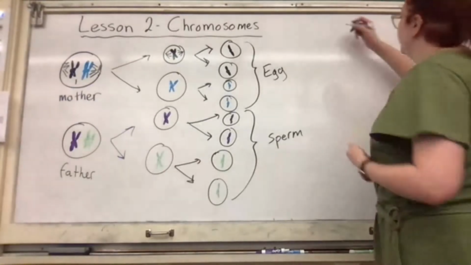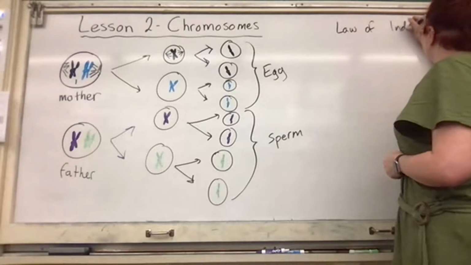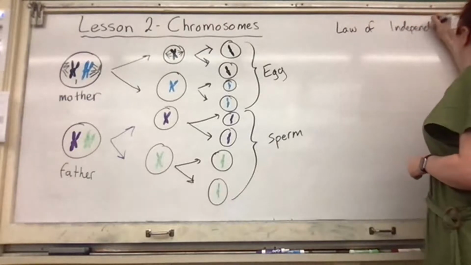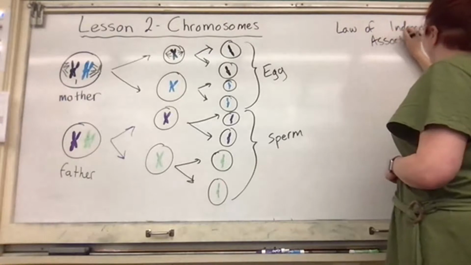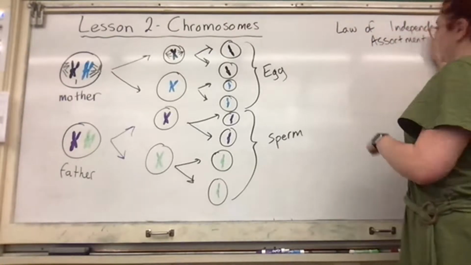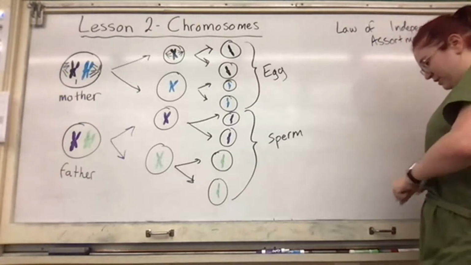I'm going to write that up here. Law of independent assortment. Remember, you don't just have one pair of chromosomes, you have 23 pairs of chromosomes.